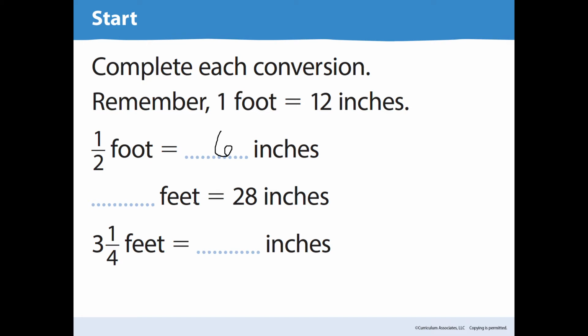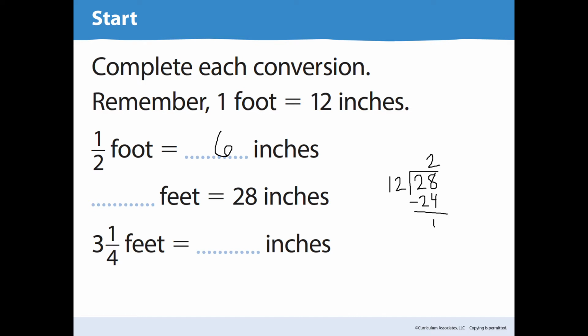Okay, the next one is how many feet are in 28 inches? We're going from a smaller unit to a larger one, so we know we're going to be dividing. There are 12 inches in each foot, so I can take 28 divided by 12, and 12 goes into 28 2 times, which is 24.